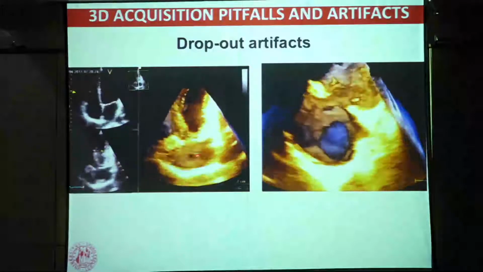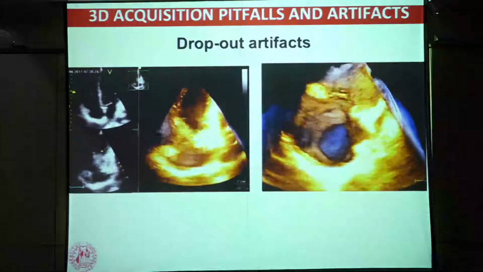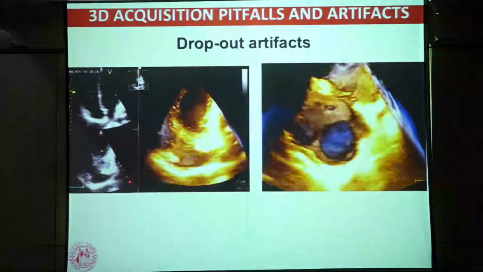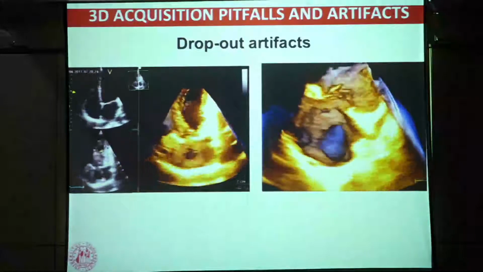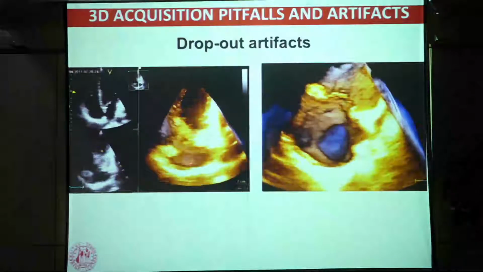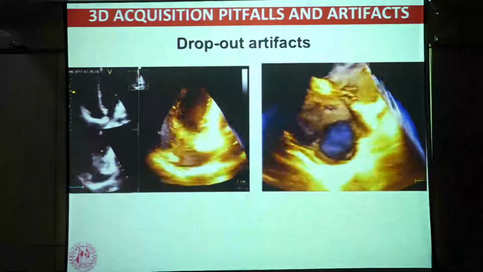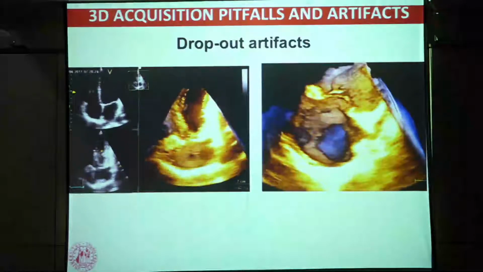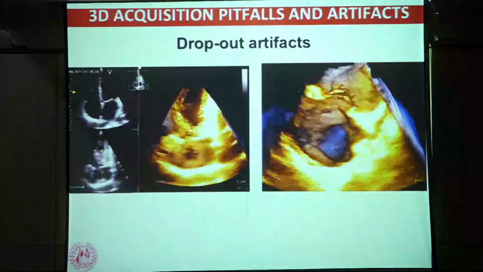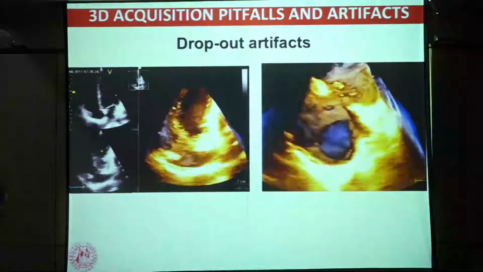This one is coming and going away due to the fact that there is a thinning of the interatrial septum during ventricular systole, with the shaggy margins, so it is not a true defect. In any case, when we have doubt, as we discussed yesterday, we put the color to see if there is real flow.